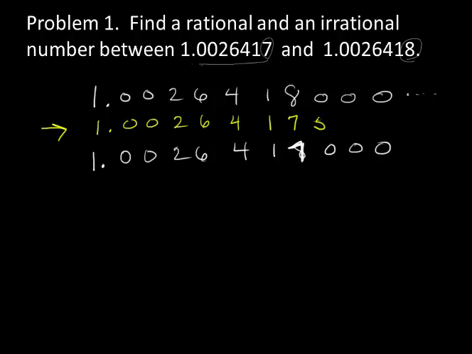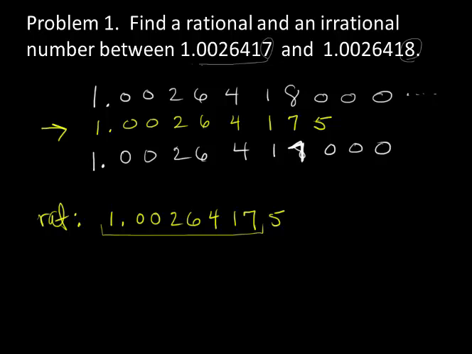Oh, let's just put 5. And we have a rational number. It's terminating. So my rational number might be 1.00264175. Now you could have, instead of 5, you could have 003 if you want, or you could have 6, whatever. But this part of the number would have to be the same in your answer.